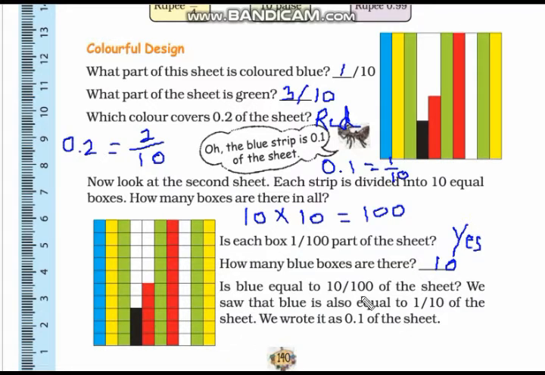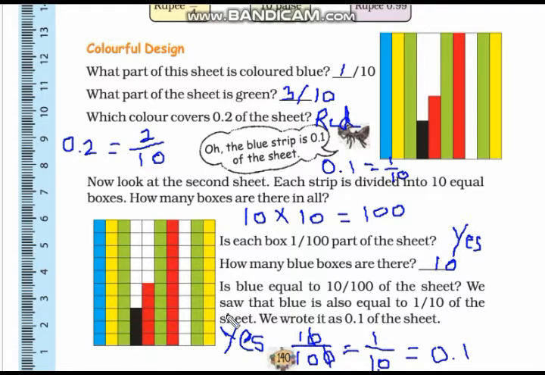Yes, we can write blue as 10/100 of the sheet because these 10 boxes are blue out of 100 boxes. So we can write 10 upon 100 of the sheet. So yes, is blue equal to 10/100 of the sheet? Yes, we have written yes because 10 boxes are blue out of 100 boxes.